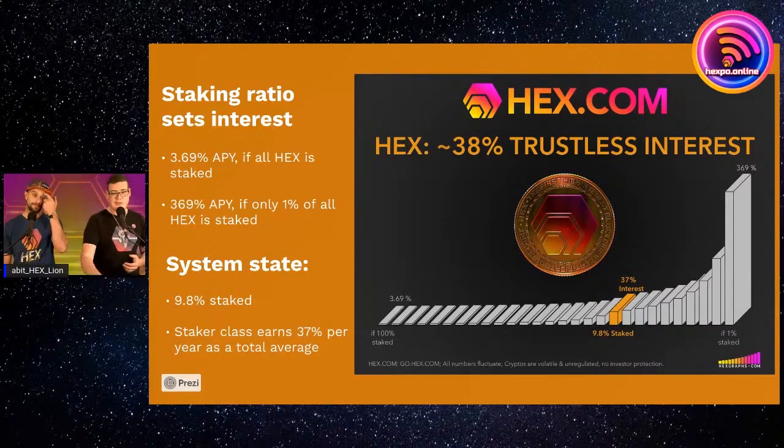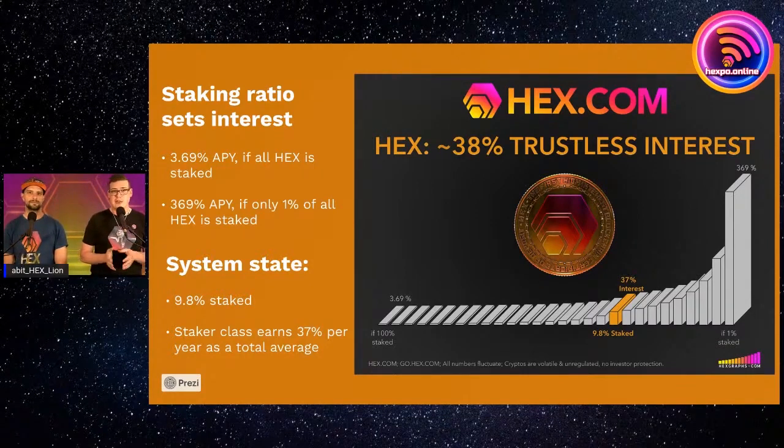And on the left side of this chart, as you can see here, if 100%, so each and every coin in the ecosystem would be in an active stake, then this average of the staker class would only be 3.69%. And as of right now, we are at a 9.8% staking ratio, slightly increased from last year, and the staker class earns 37% per year as a total average.